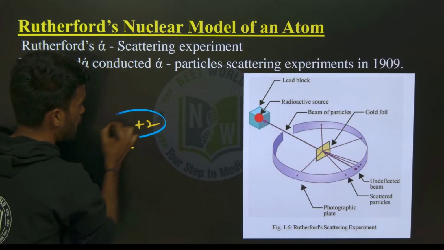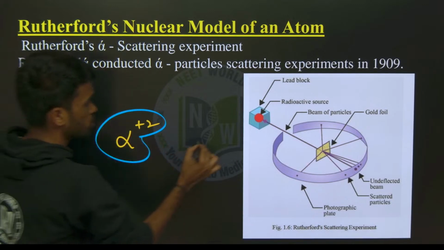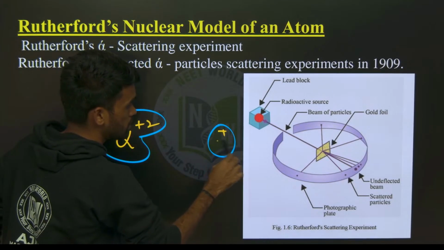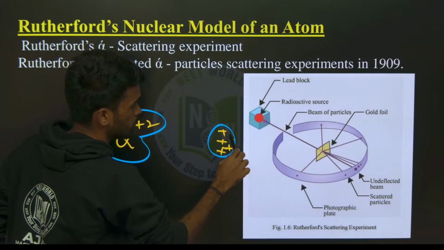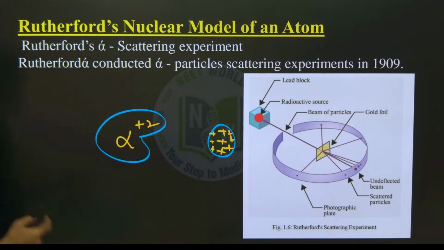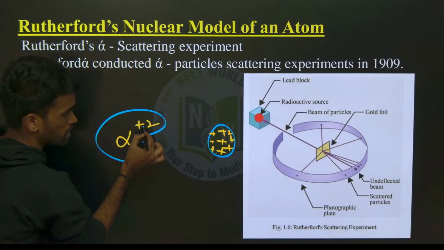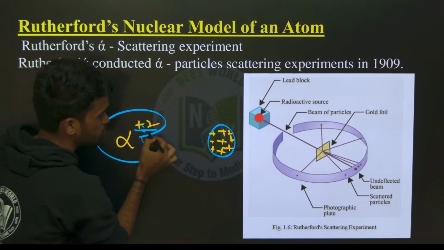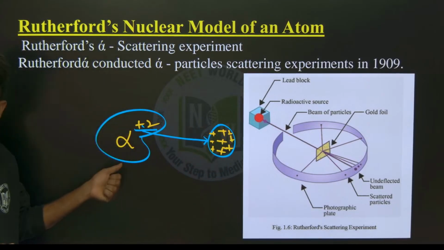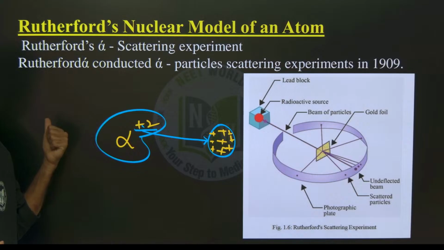If we have an atom here containing positive charges, which he considered spread throughout the atom, and an alpha particle having positive charge passes through this atom, what happens? The alpha particle should deflect completely.